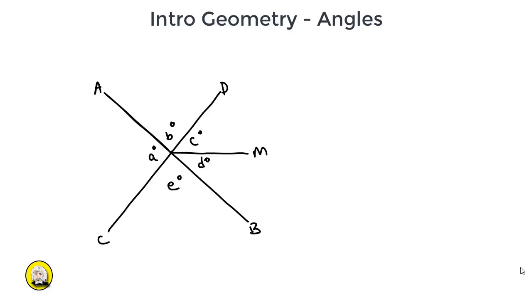Let's put some of these angle theorems to work. Suppose I have the following diagram, where line segments AB and CD are straight line segments, and I have angles A, B, C, D, and E shown. And let's further suppose we know B is 70 degrees and angle D is 40 degrees.